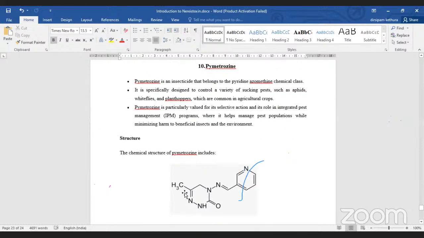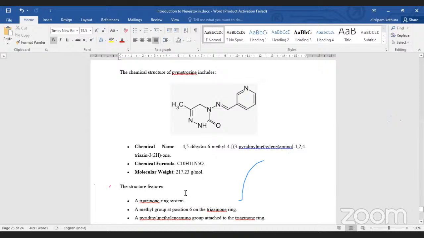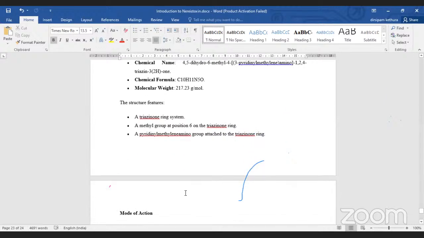If you could see the structure of pymetrozine, it is made up of carbon, hydrogen, nitrogen and oxygen, whose molecular weight is 217.23 grams per mole.